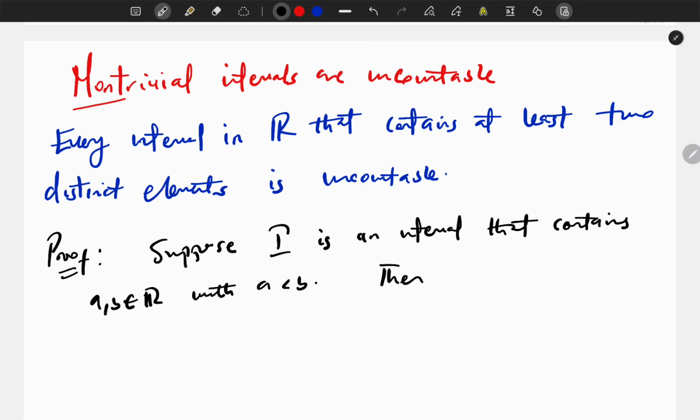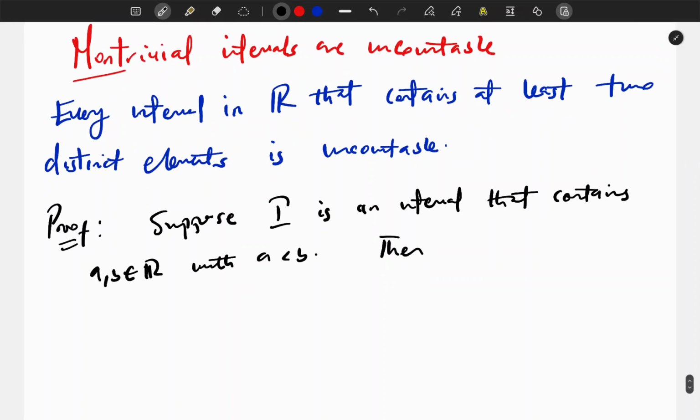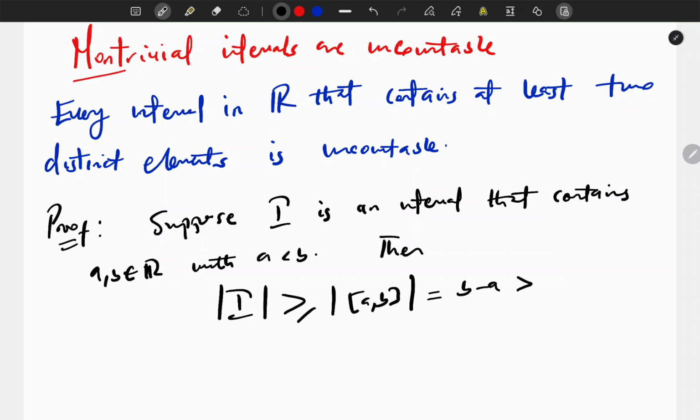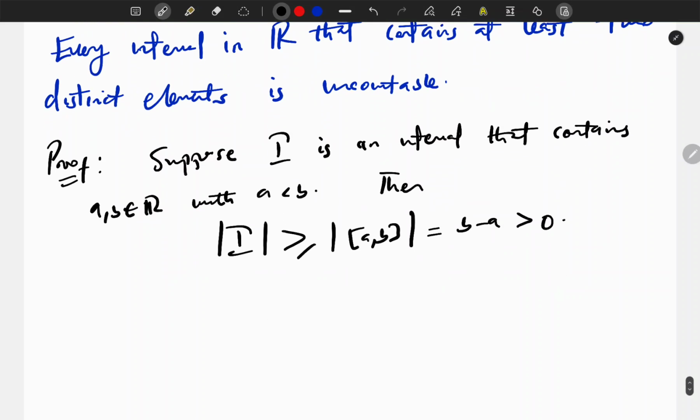Then since I is an open interval that contains (a, b), and measure preserves order, we have the length of I is greater than the length of (a, b), which is b minus a, which is actually greater than 0.